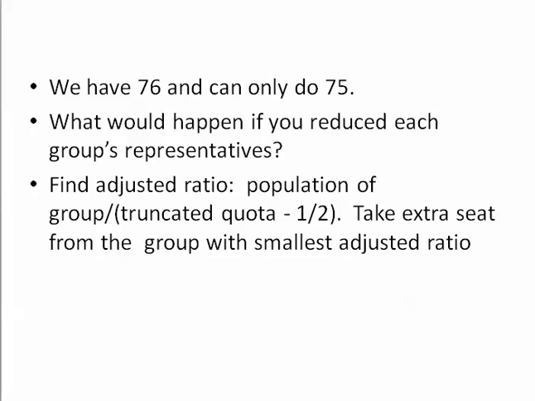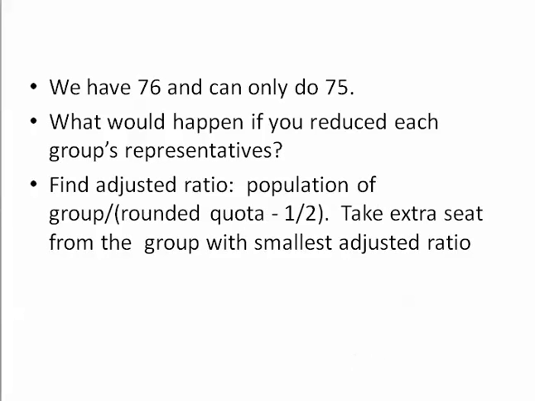We're going to compare and see what would happen if we reduced each group's representatives. In this case, to find the adjusted ratio, we're going to take the population and divide it by the rounded quota minus a half. And we're going to have to take that extra seat away from the group with the smallest adjusted ratio.